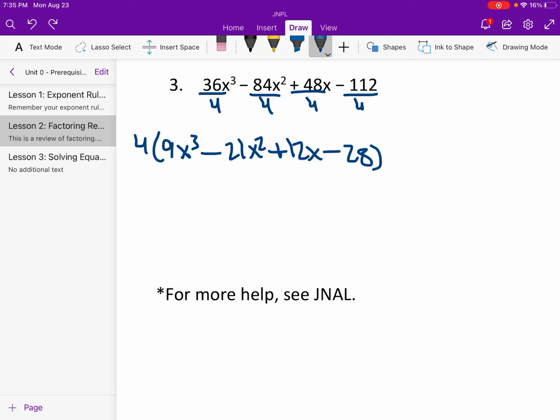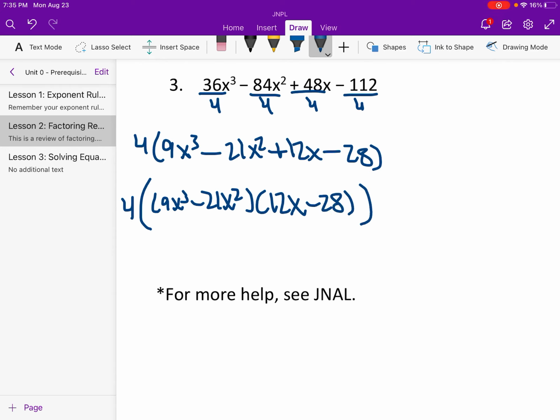We still have this 4 off to the side, and then let's group the 9x cubed minus 21x squared with the 12x minus 28. Now we see if something can divide out of this part. Can a number? Yes, that would be 3.